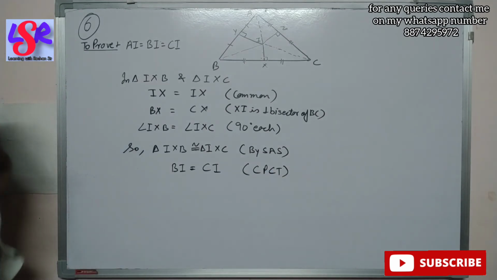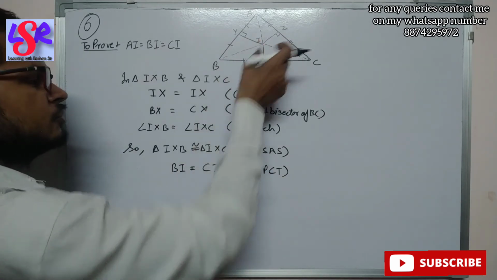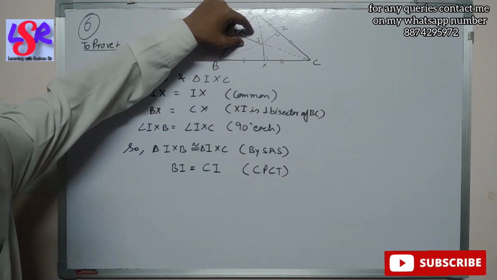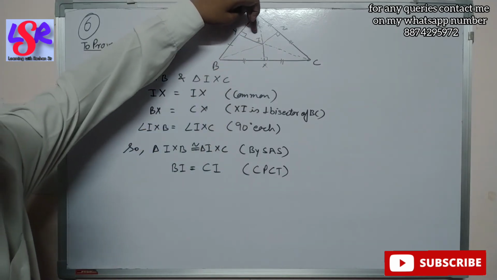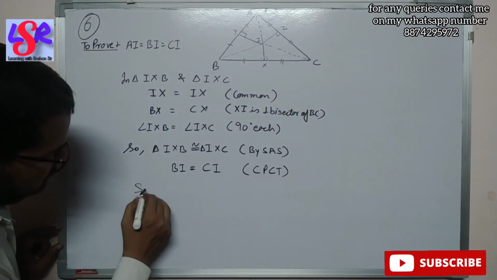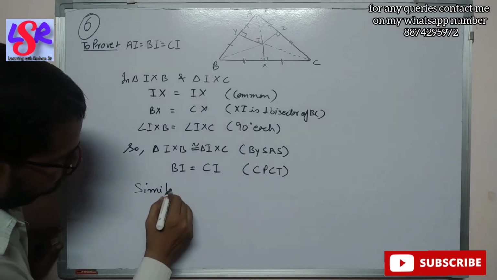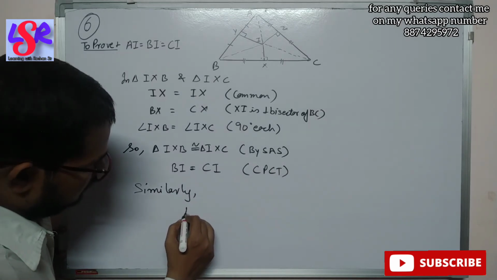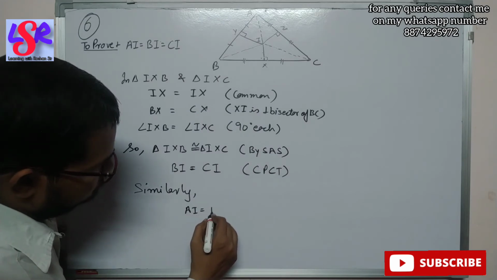Now, as we have proved BI equals CI by proving these two triangles congruent, similarly we can prove these two triangles also congruent and we'll be able to prove this AI equals BI. So here we are going to use similarly, AI equals BI.